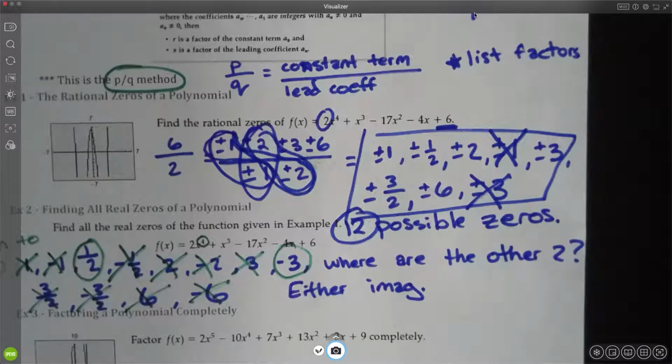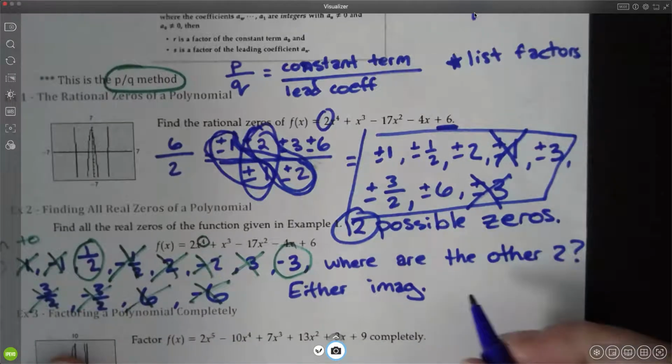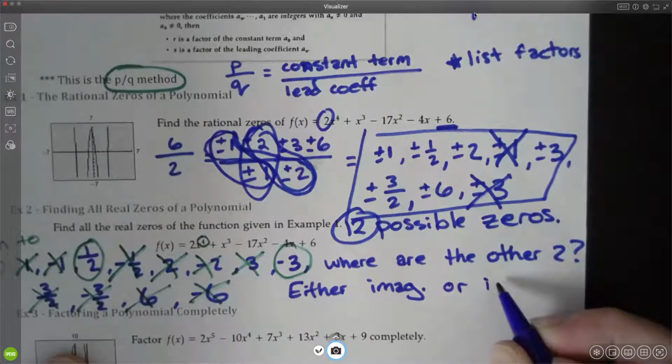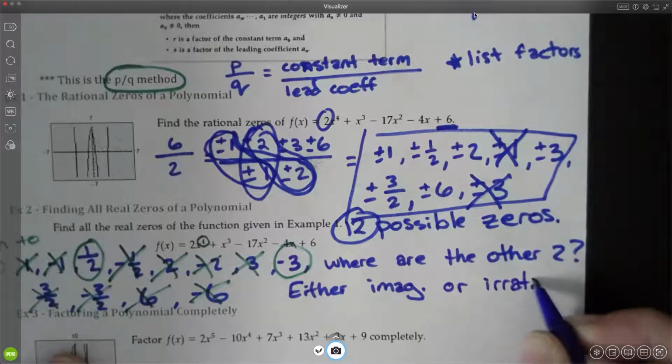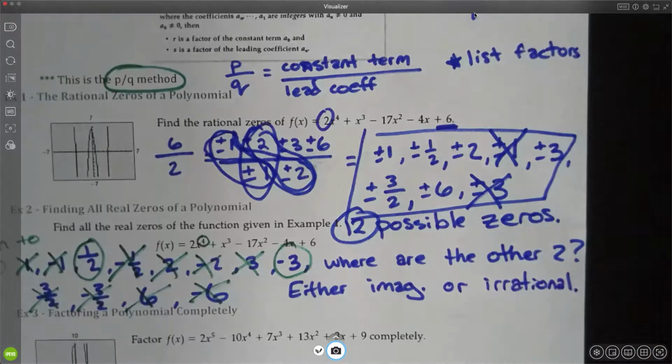It could touch 2. Or they're irrational. Irrational means like the square root of 3 or the square root of 5. They're definitely irrational because they are really big, long decimals.